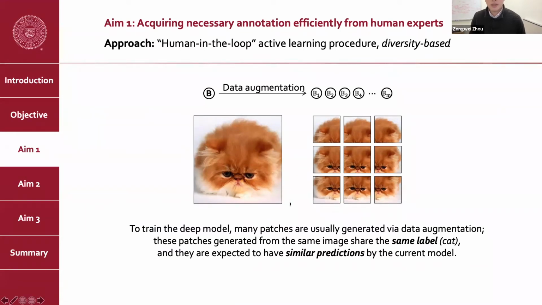Data augmentation is a great way to automatically generate much data for us. These patches generated from the same image should share the same label. For example, here, all the augmented patches should correspond to cat, and they are expected to have similar predictions by the current model.